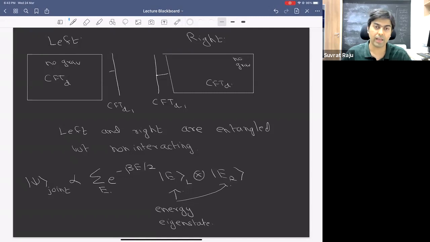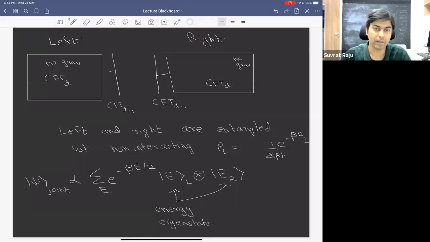And you can check that in this state, if you were to compute the density matrix rho_L or rho_R, in both cases, it would be e to the minus beta H. So rho_L would be e to the minus beta H_L, and rho_R would be the same thing with H_L replaced with H_R. Okay, and that you can see just from the formula in front.